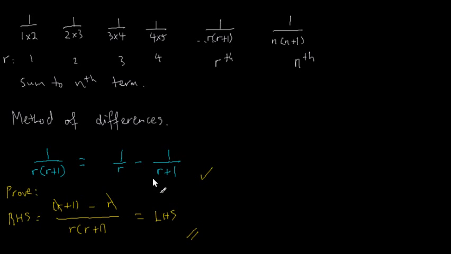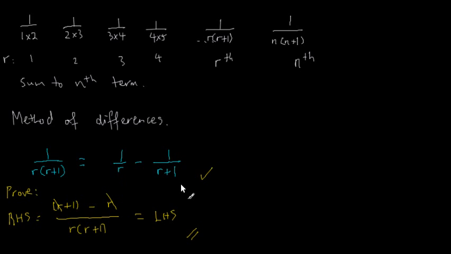The way to see how to carry on is to use this formula for each term in the sequence. Now this expression here is the formula for the r-th term, for one term in the sequence. And what this equation shows is that this formula for the r-th term can also be written in this form.